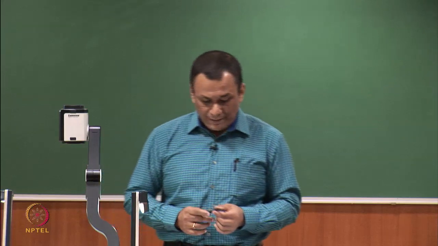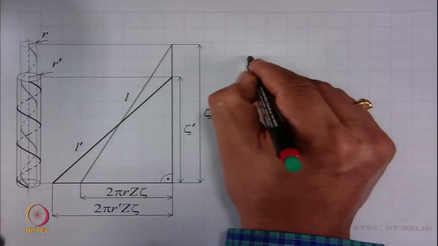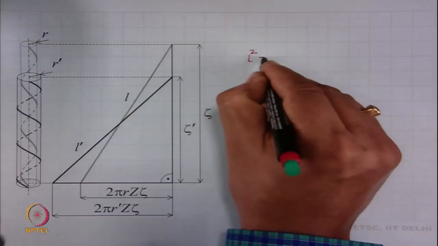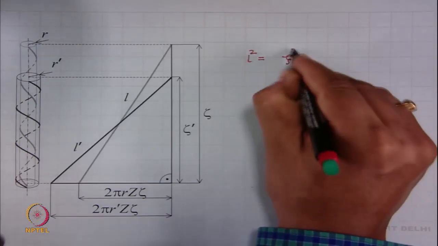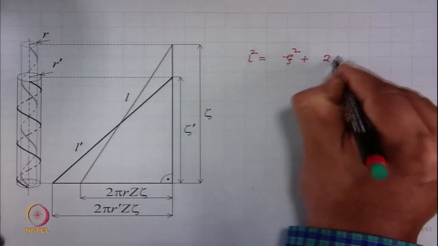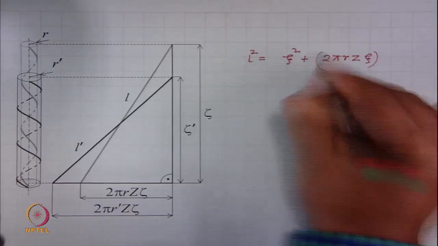So, if we now apply the Pythagorean theorem to the initial fiber length, l square will be equal to zeta square plus 2 pi r z zeta square.